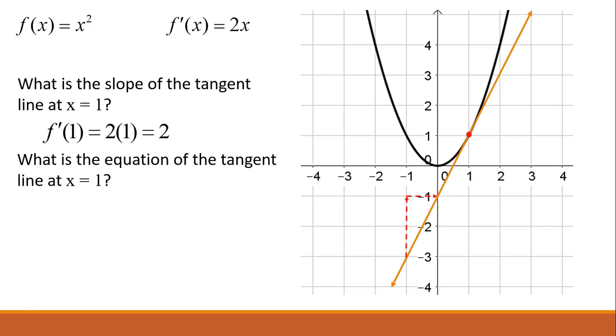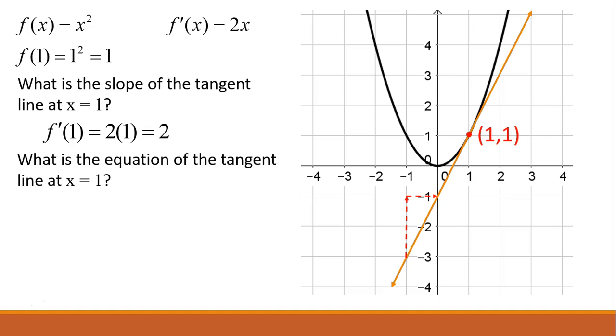To find the y-coordinate of any point on a graph, what we need to do is find the equation for that graph, which in this case is f of x equals x squared, and just use the idea of input-output. Our input's 1. Our output is also 1. 1 squared is 1. So, yes, indeed, exactly like it looks. That is the point (1, 1).